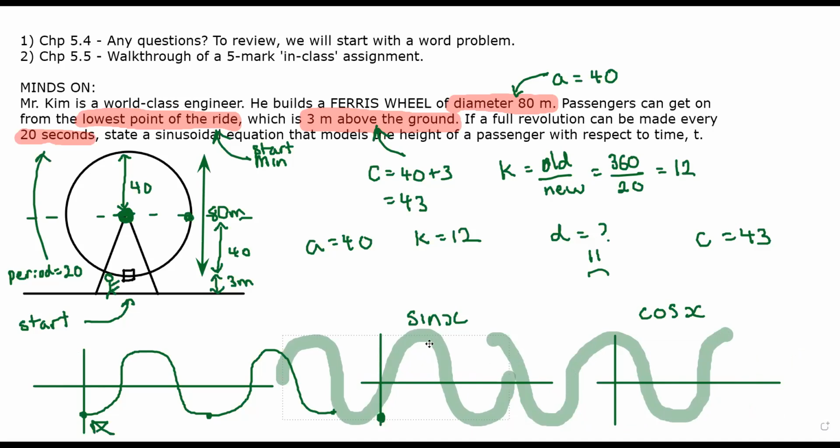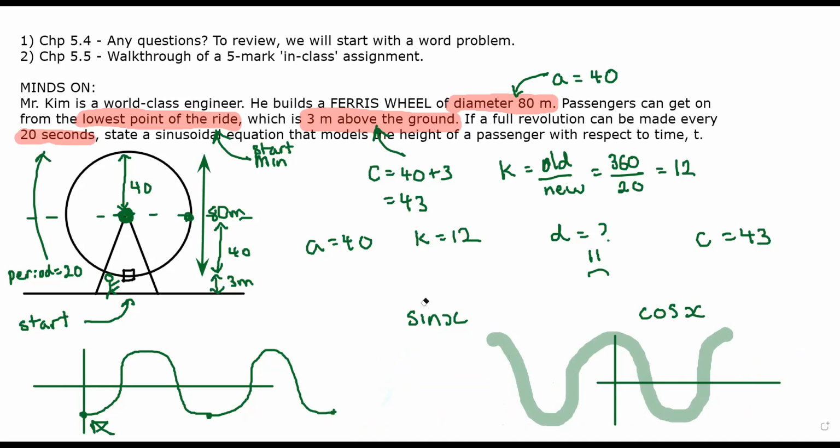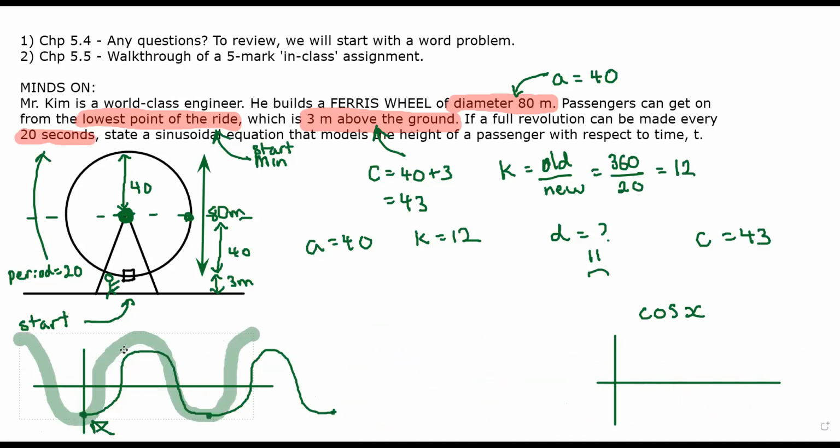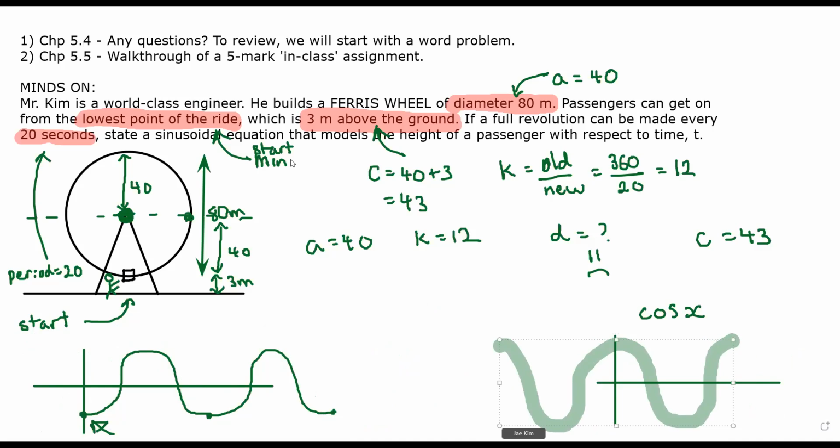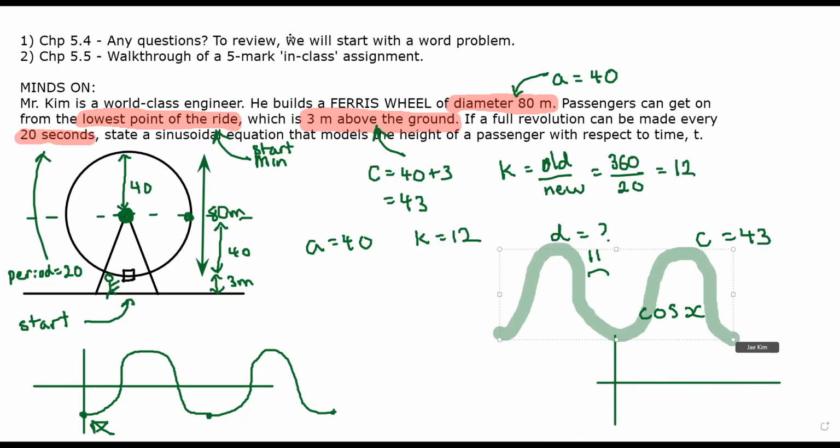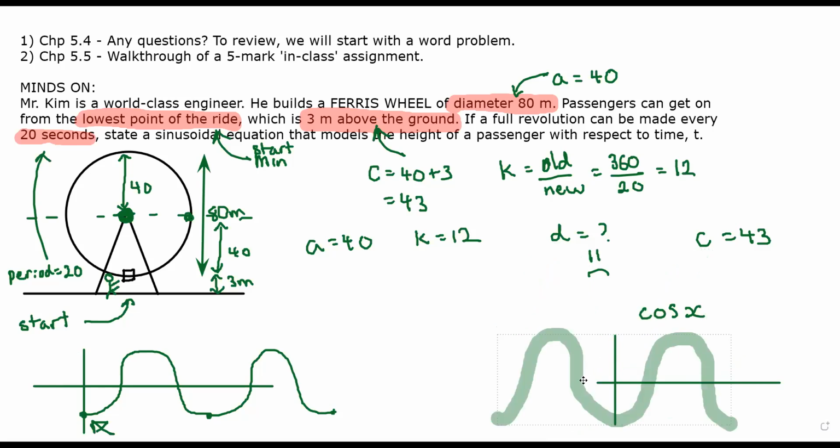But let's be a little crafty here. What else could you do, especially with the cosine, to match my curve here with this equation? Anyone have an idea? Could you flip it? Right on. That's exactly right. If I were to take this and flip it upside down, I already have my minimum to begin.